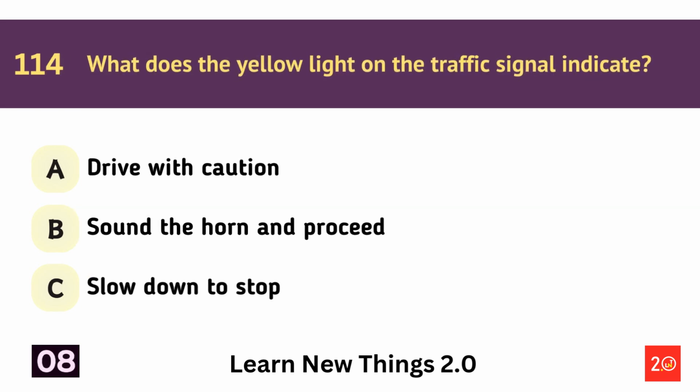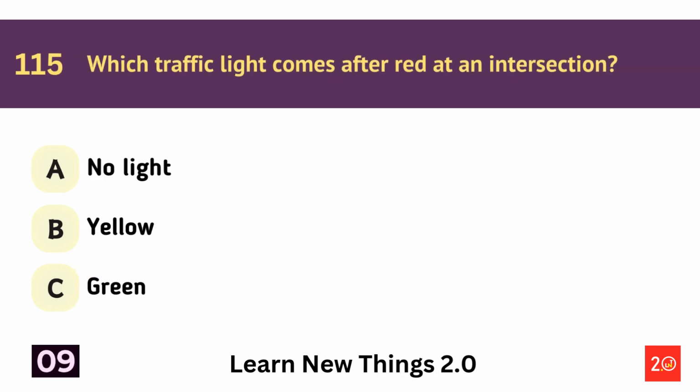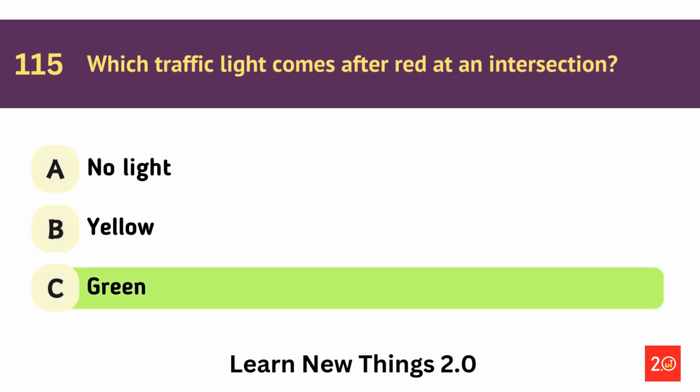What does the yellow light on the traffic signal indicate? Slow down to stop. Which traffic light comes after red at an intersection? Green.